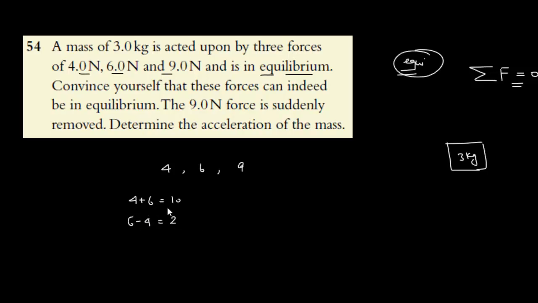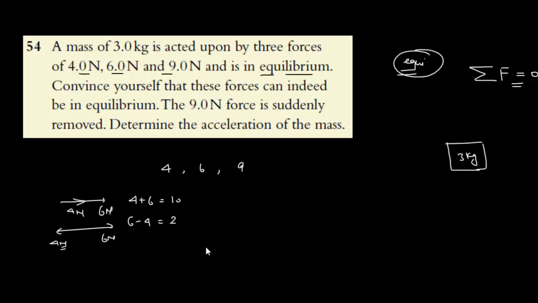This resultant of 10 Newton will come when both the forces 4 Newton and 6 Newton are acting in the same direction, and this resultant of 2 Newton will appear when 6 Newton and 4 Newton are in opposite direction.